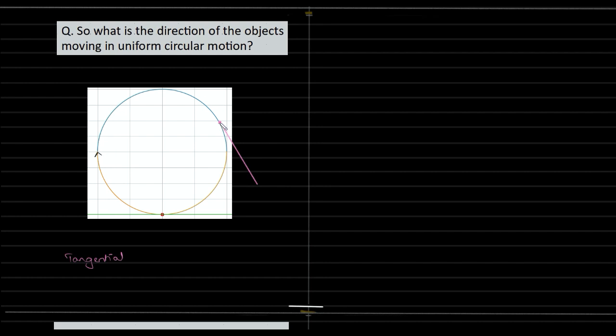So at this point, say point A, if we happen to look at the direction of the object, it would be in this particular direction. It would be tangential. Tangent is a line which touches the circle at a single point.